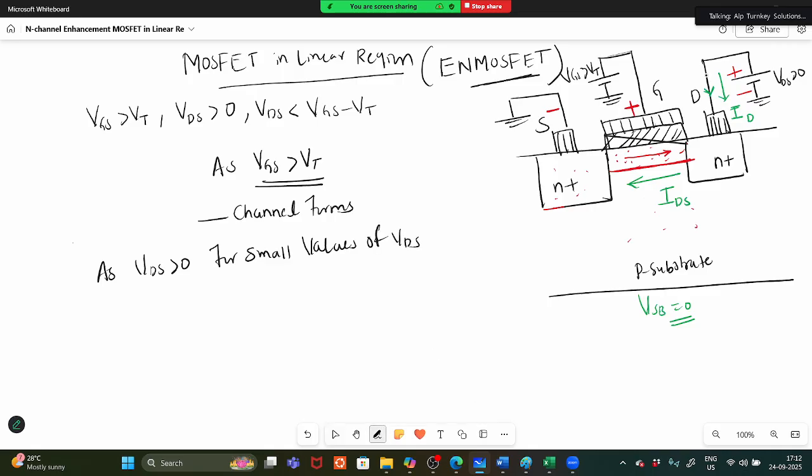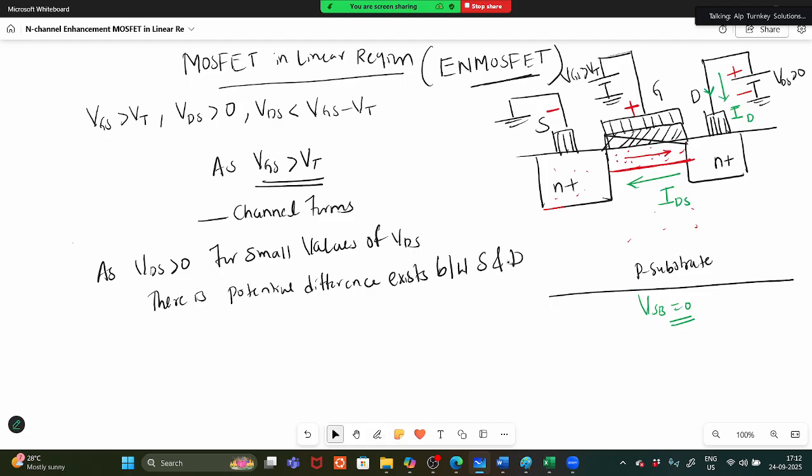There is a potential difference between drain and source. Okay, there is a potential difference that exists between source and drain.